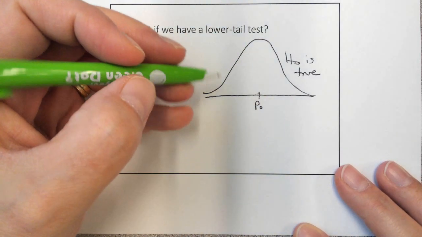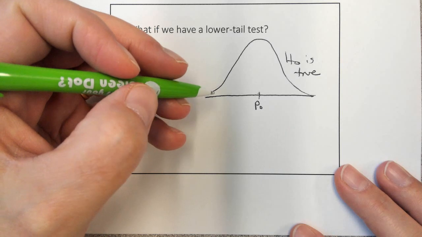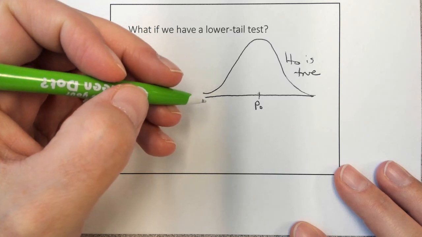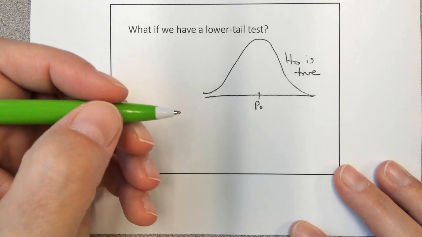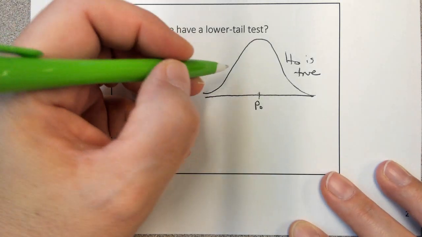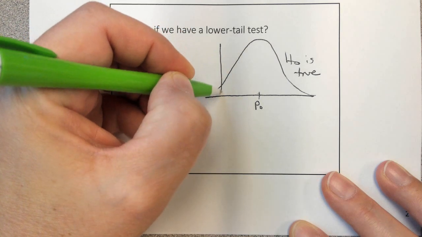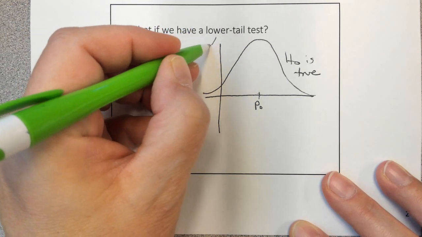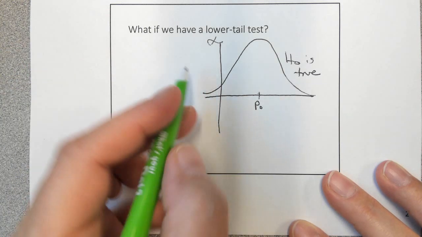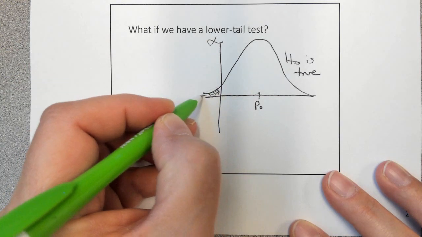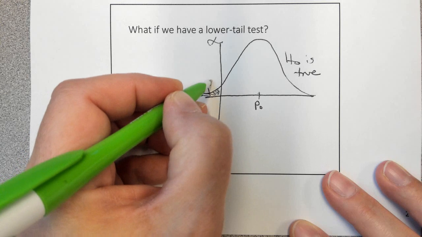So maybe somebody challenges it and thinks it's not that high. And so we're looking for a lower tailed test. We're looking for evidence that it's actually lower. Okay, so now we've got a lower tailed test, and our alpha level is now on the lower end. So if we're to the left of that alpha, we're going to reject the null.